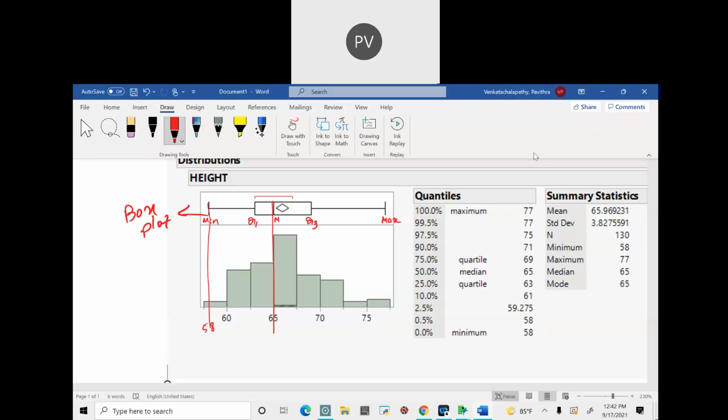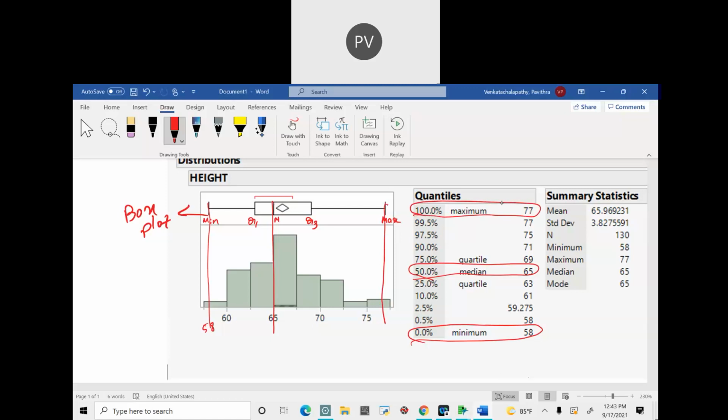That would be given by this column, by the quantiles. Now median, I can easily draw a line and find out that it is 65. So according to the tabular here, it is also 65. Maximum value is definitely greater than 75, but I do not know the exact value. So the exact value is here, which is 77.